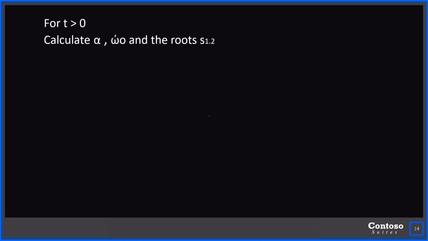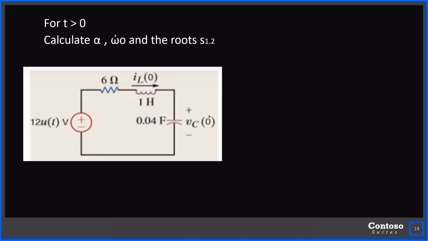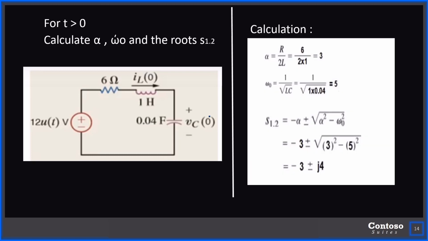Now it's time for us to calculate the alpha, the omega, and the roots S1 and S2. This is to determine if this case is overdamped, underdamped, or critically damped. After the calculations, we found out the omega is bigger than the alpha, thus this is an underdamped case.